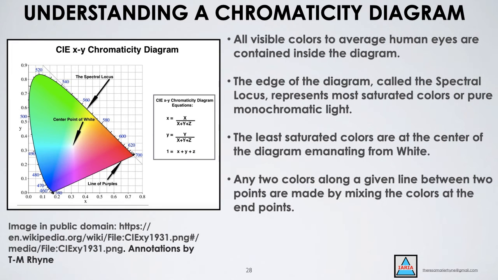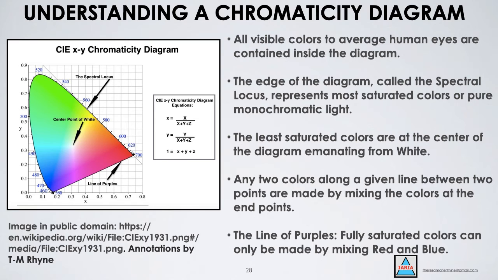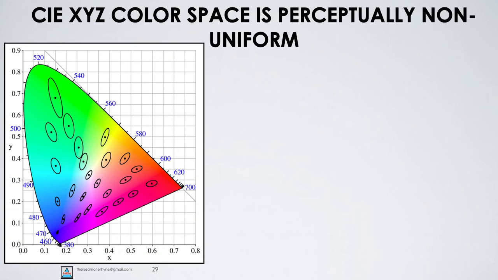And two colors along any given line between two points are made by mixing the colors at the endpoints. So let's look at our line of purples down there. If we take a blue and a red together, we can make that magenta color that I like. So that's the line.